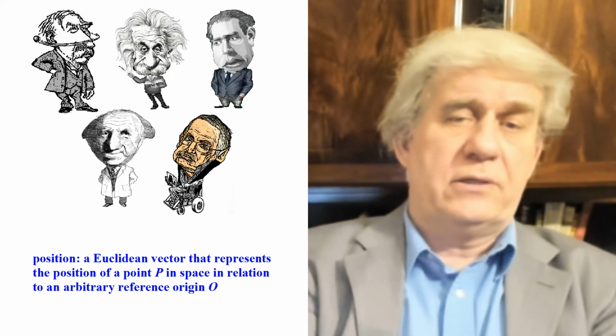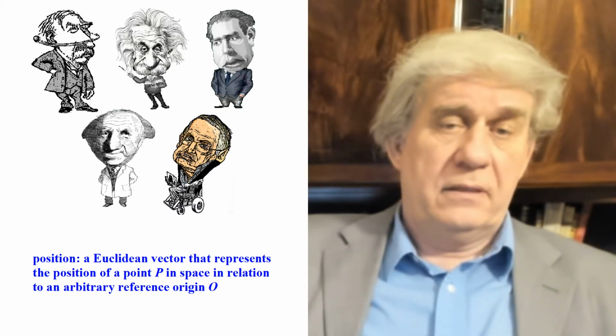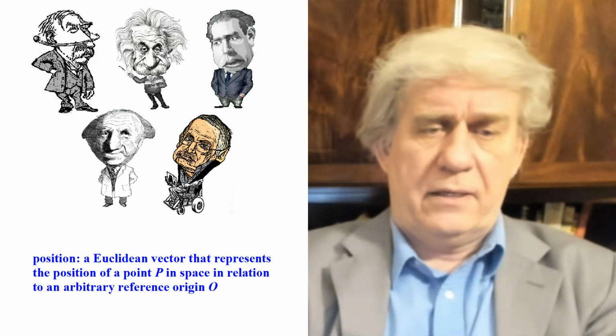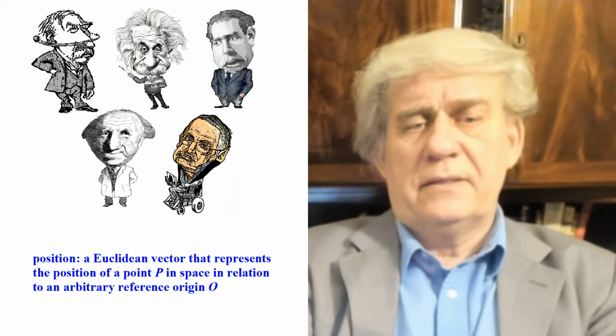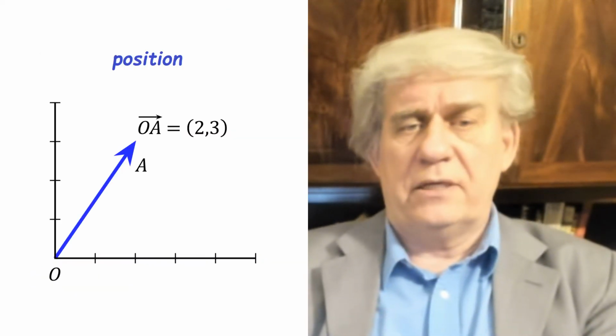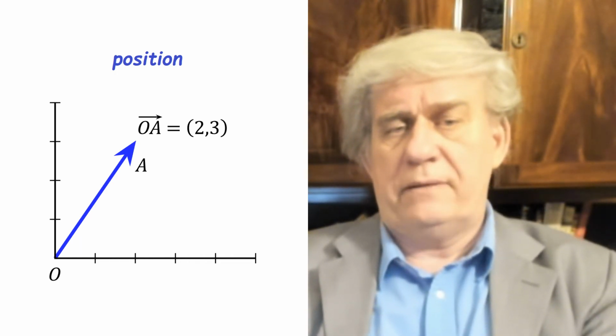Well, they're talking about a little arrow that extends from point O to point P. That's a position. Here's an illustration of that. Here you'll see it. That's essentially what they're saying. They're saying, look, you got a point O, and it extends to a point P.